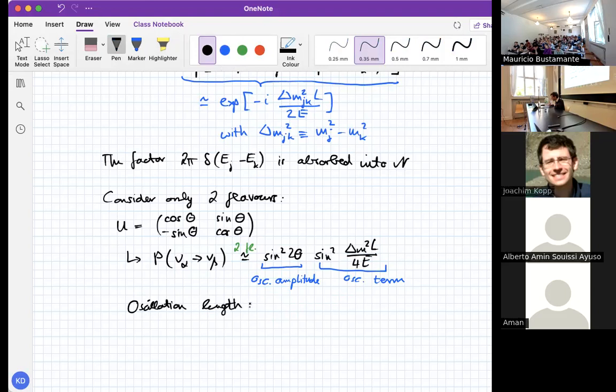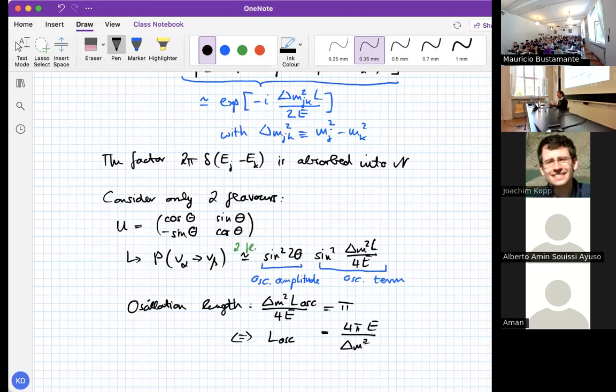This is the distance over which this goes through one full oscillation, so from flavor alpha to flavor beta and back again. So that corresponds to the condition that delta m squared times L osc divided by 4e should be equal to pi, which is equivalent to saying that the oscillation length is 4 pi times e divided by delta m squared.